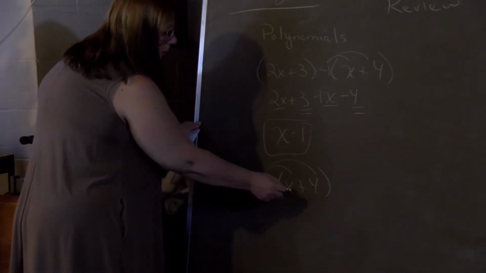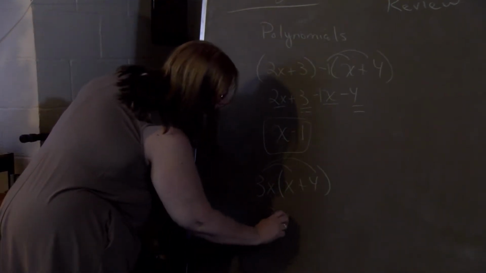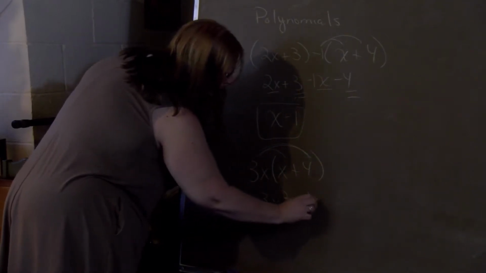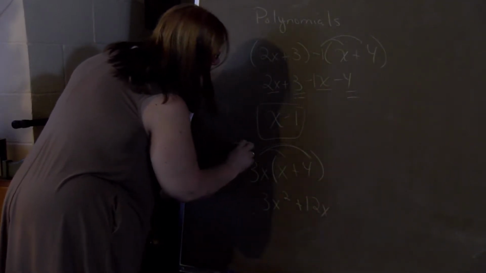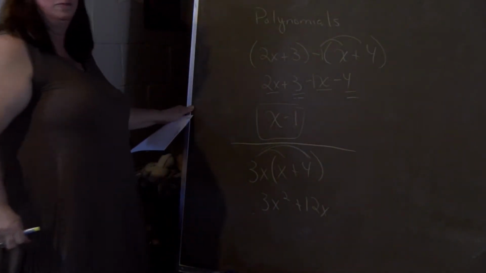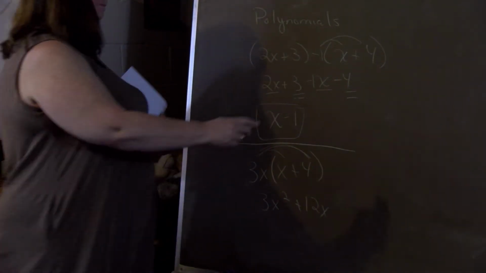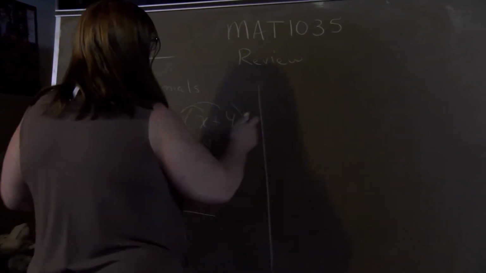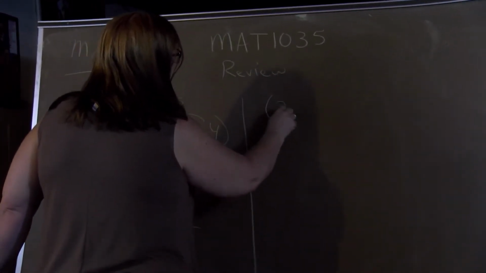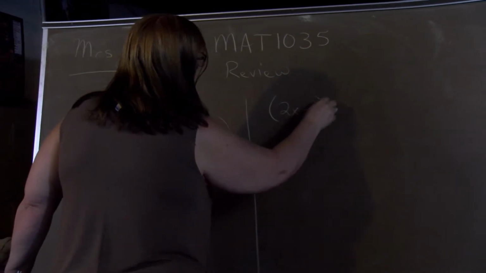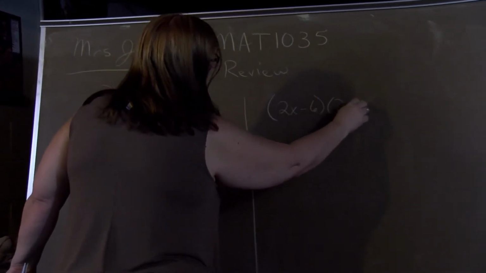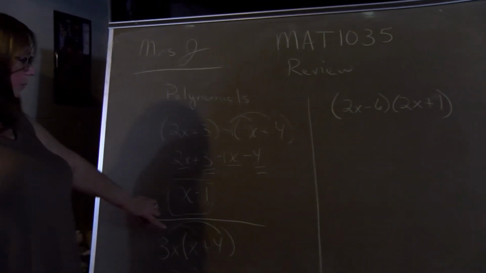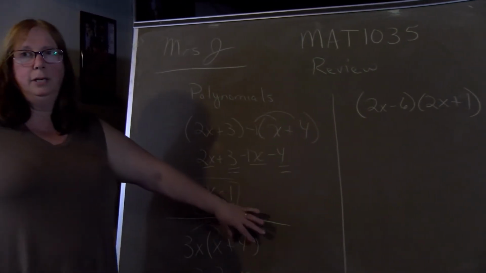So 3x times x would be 3x squared, and 3x times 4 would be a positive 12x. So here we just had one term times a binomial.